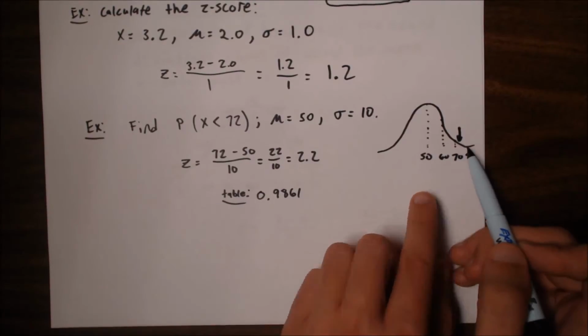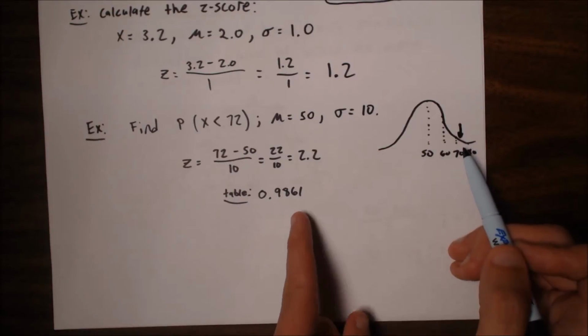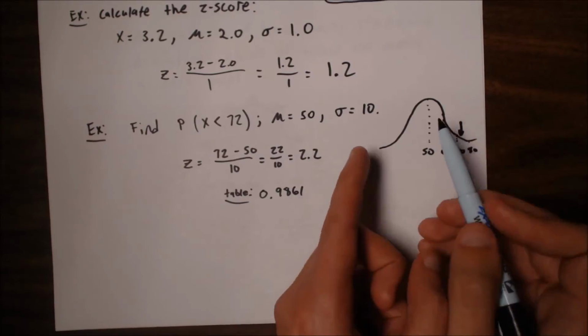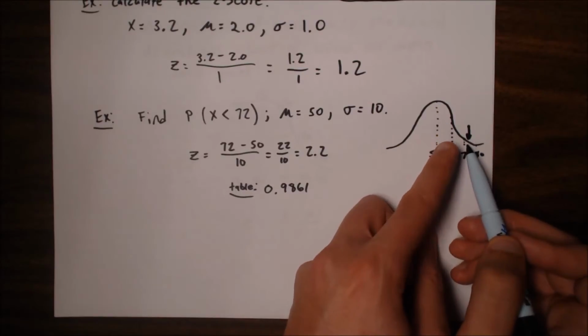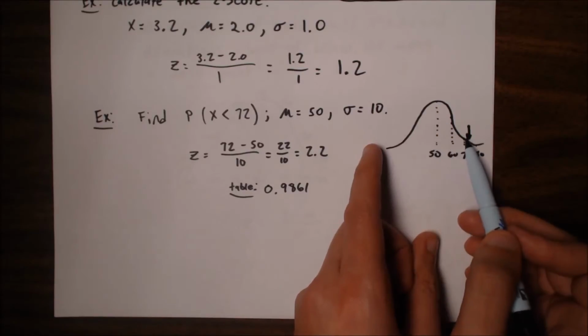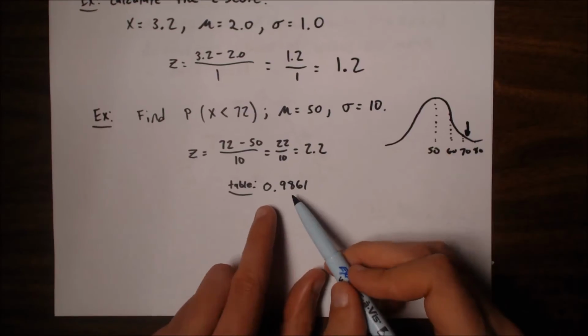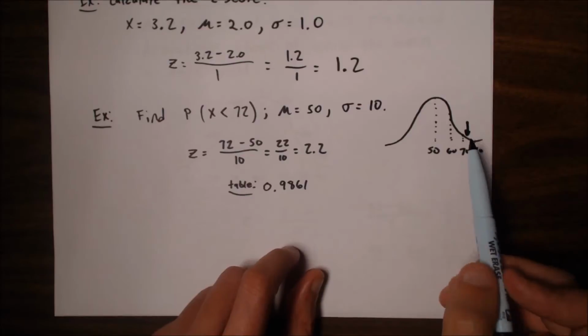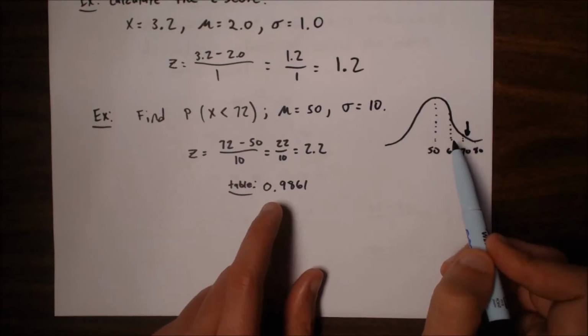When we say to the left, that means from here all the way over to here is 98.61%. Remember, this is 50% right here, plus 34, plus 13.5. So just to get up to here is about 97%, and that little bit extra makes it 0.9861. So if I were to shade this in, everything up to this point from the left is 98.61%.